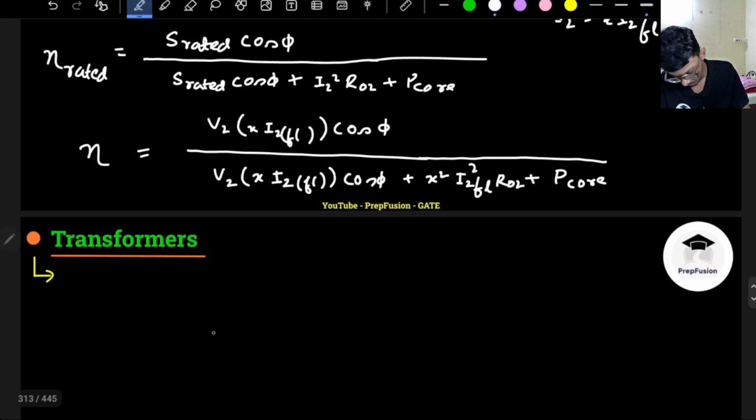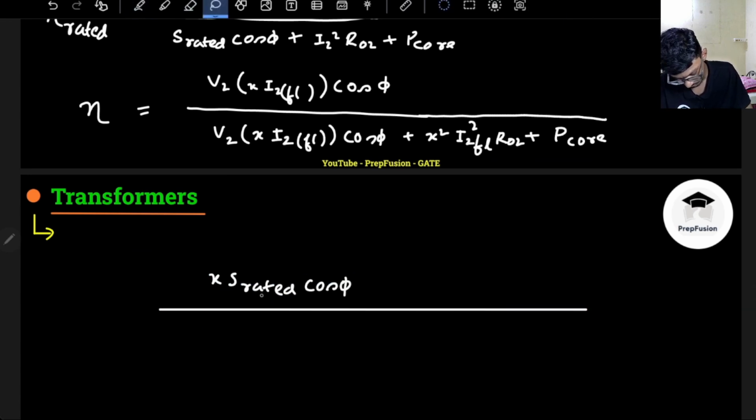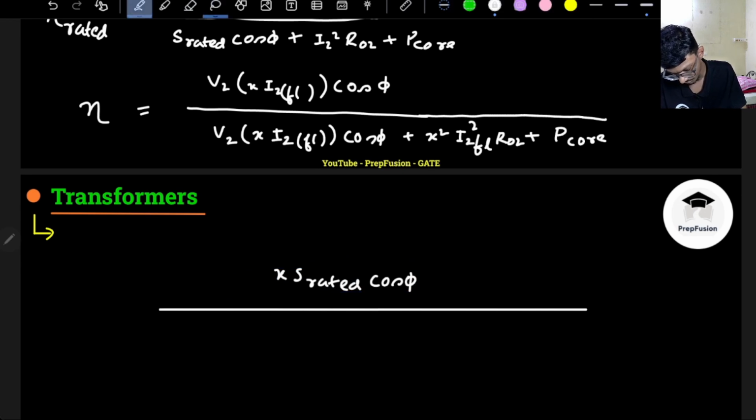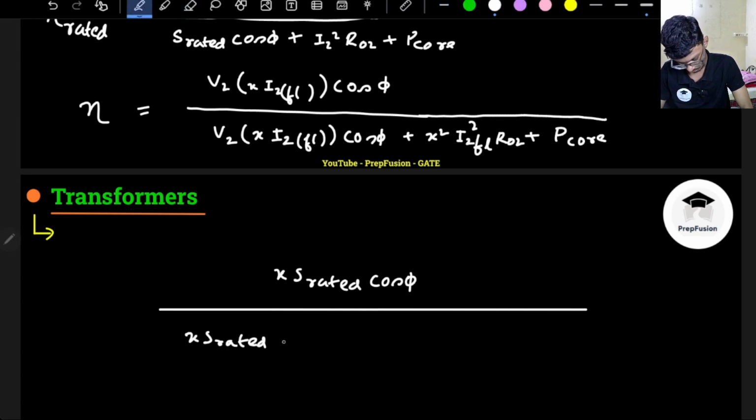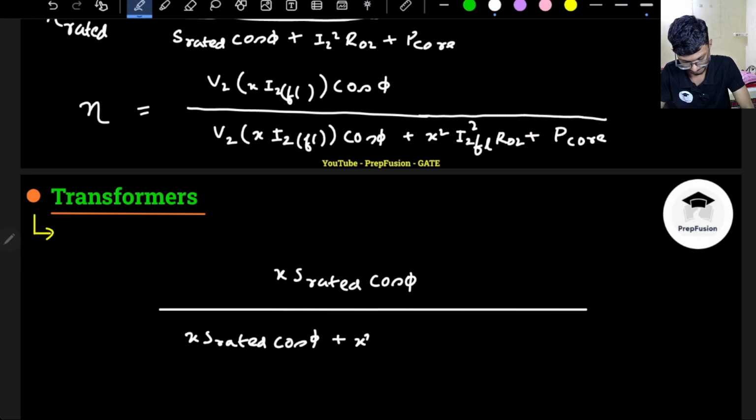So it is X into S rated cos phi, divided by X into S rated cos phi plus X square into copper loss at full load plus P core.